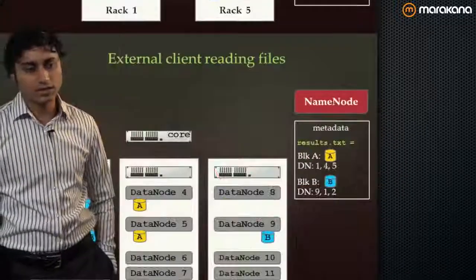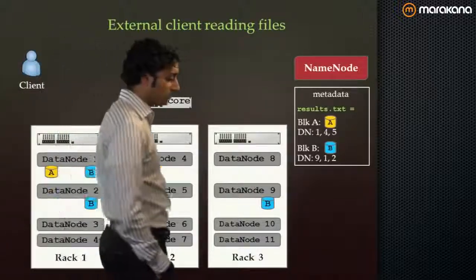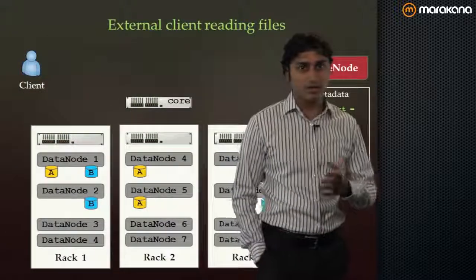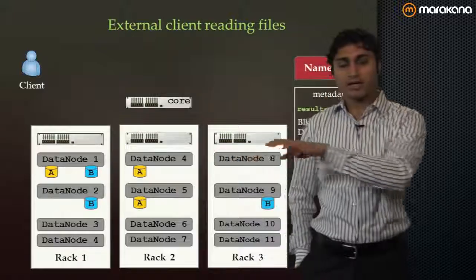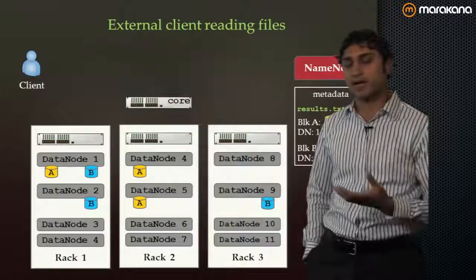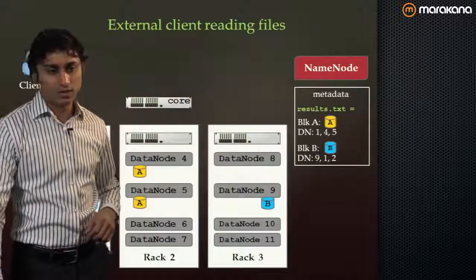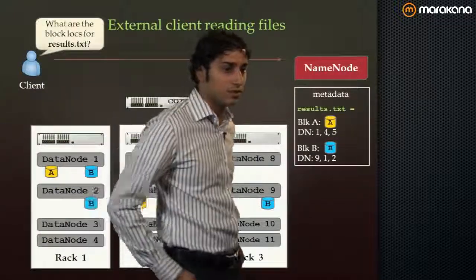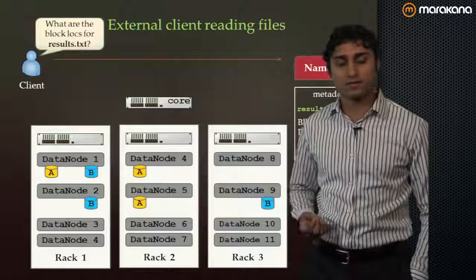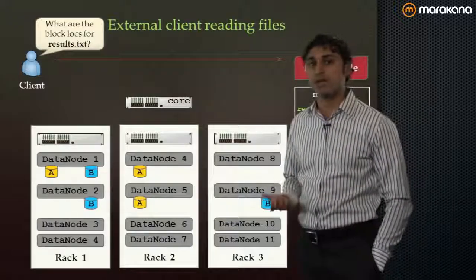When a client is reading a file, the same type of architecture comes into play. The client has to contact the name node first to figure out where the actual blocks are stored for a file. So in this case, the client is going to ask the name node, what are the block locations for a file called results.txt?